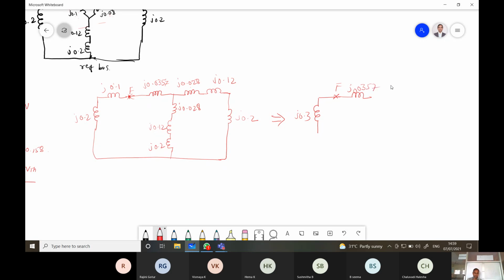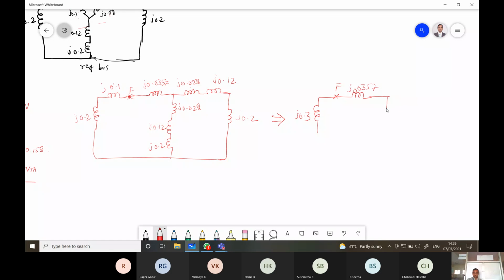J0.30357. So add these three, and both are in parallel.